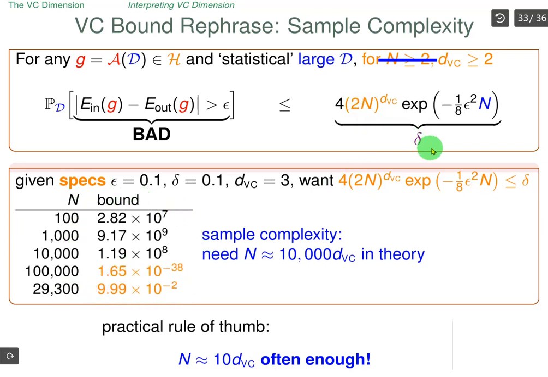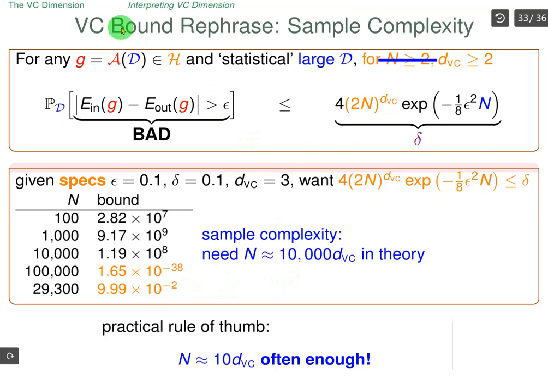So we set this delta. What is delta? Delta is 0.1. We can tolerate this: the probability of this being different, let it be like 0.1, which is not that bad. If this is our expectation, then we need to use 29,300.